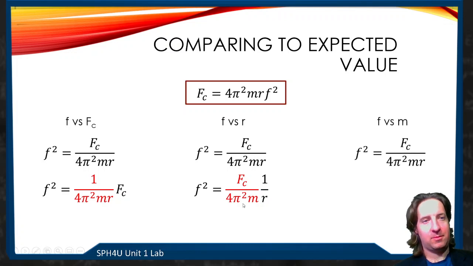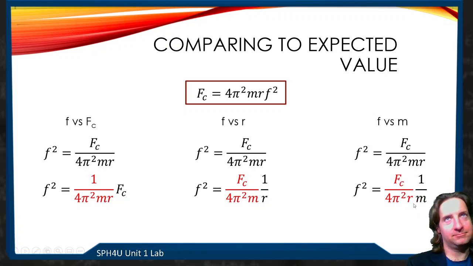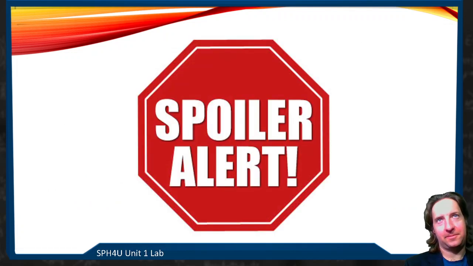And the same thing for my mass. I can take out 1 over m, and I have a new slope. So the centripetal force divided by 4 pi squared, again just a constant, and again divided by the radius, whatever number that was. So that'll give you 3 graphs with three known slopes. So these would be my expected values.